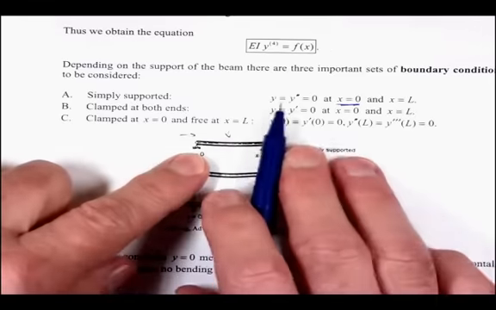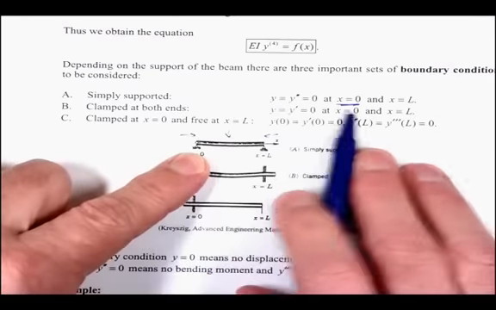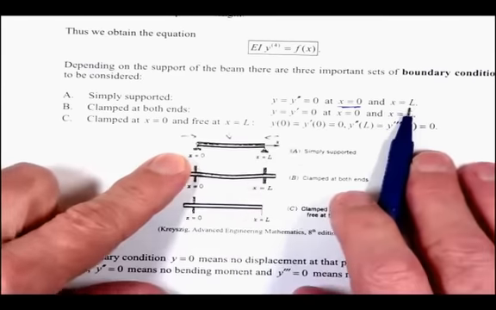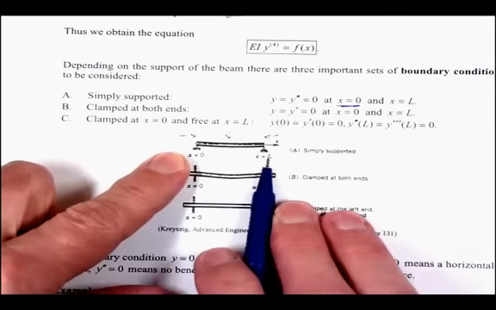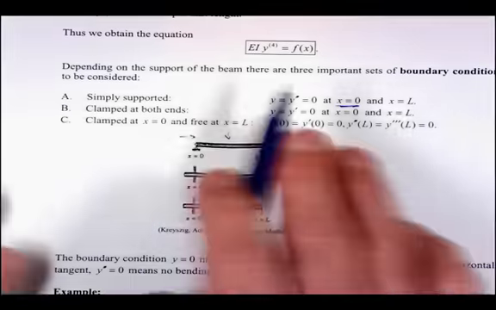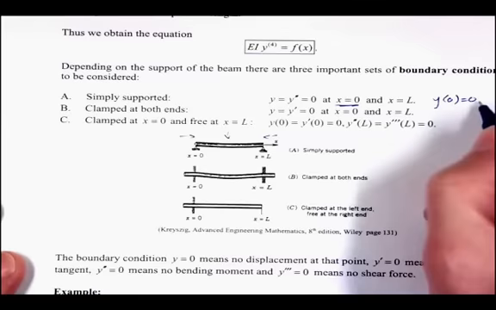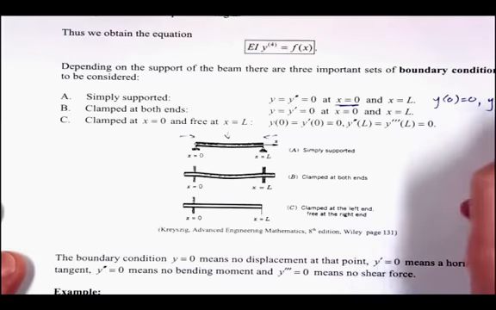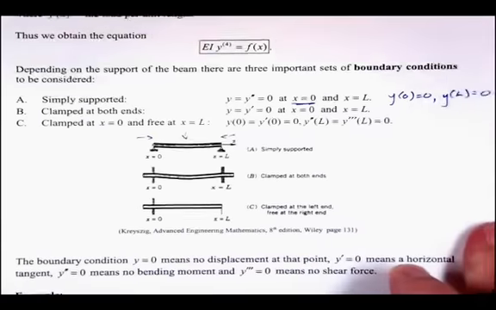So we have this idea that y is equal to 0 at x equals 0, and also at the other end of the beam, x is equal to L. So that's two pieces of information. In this case, we have y is 0 when x is 0 and x is L. Another way of writing that would be y of 0 equals 0 and y of L equals 0.